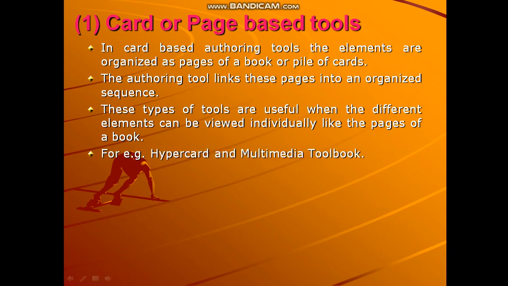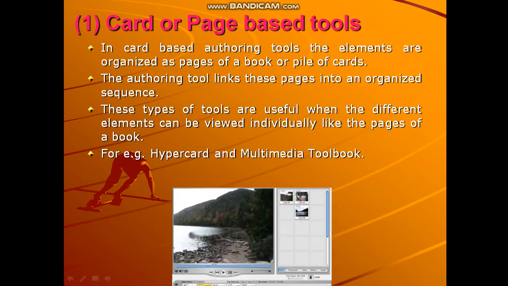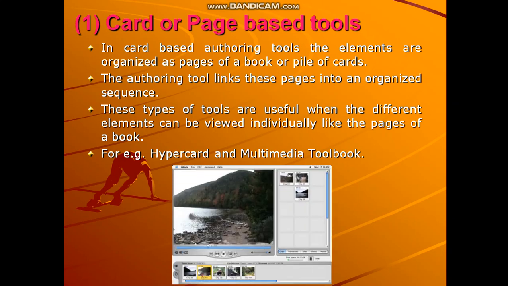Such programs are HyperCard and Multimedia Toolbook. This is the example of HyperCard. Here you can see several images are given and we can watch it sequentially one by one. So such programs are known as card or page based tools.